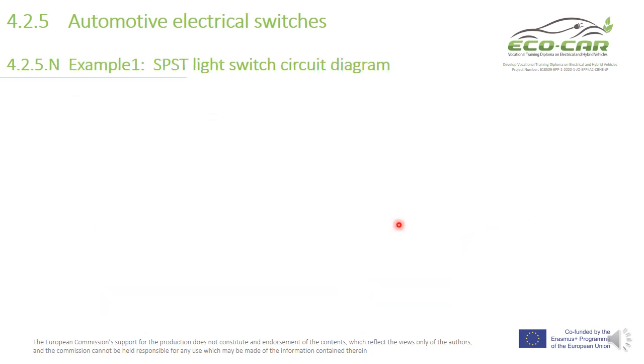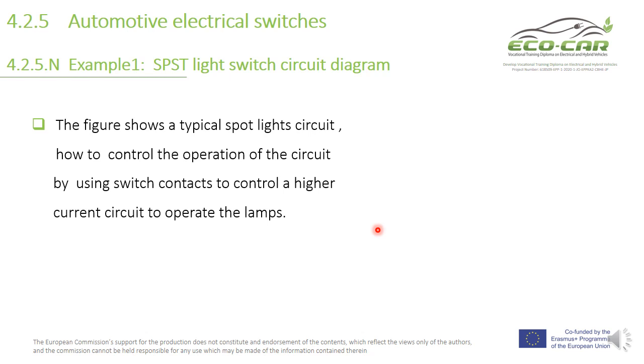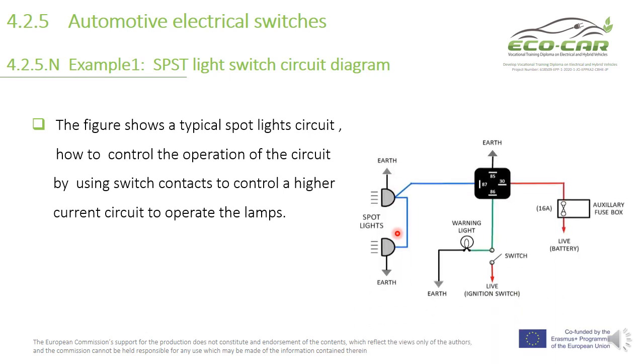Example of a single pole, single throw light switch circuit diagram. The figure shows a typical spotlight circuit, how to control the operation of the circuit by using switch contacts to control a higher current circuit to operate the lamps.